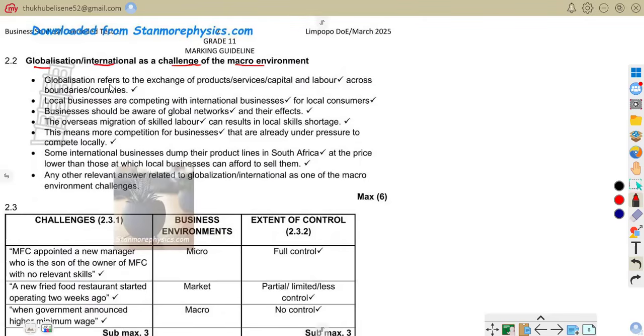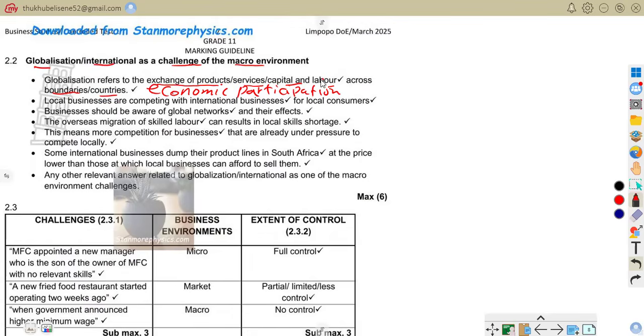Like it says, globalization refers to the exchange of products or services, capital and labor across boundaries and countries. What it means is that it encourages economic participation of previously disadvantaged groups.